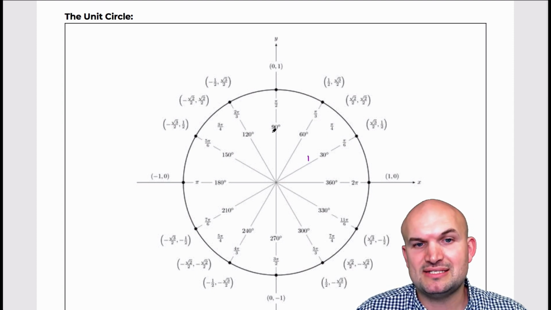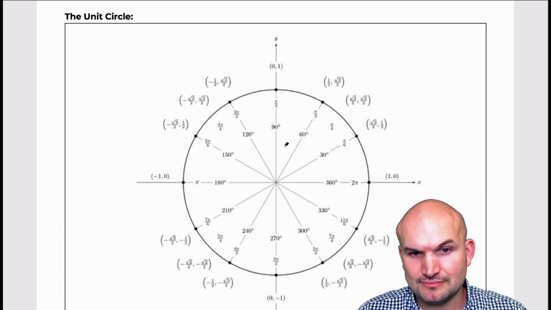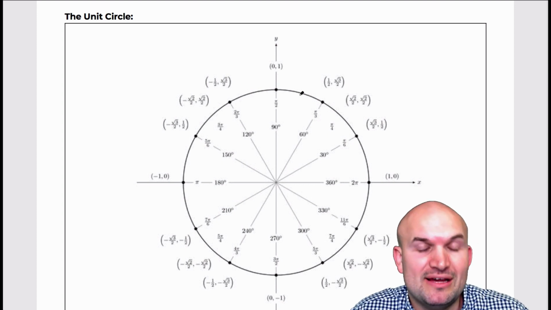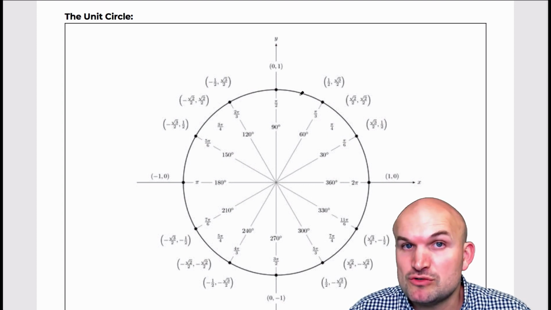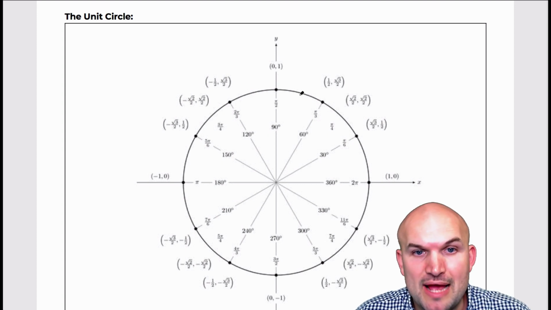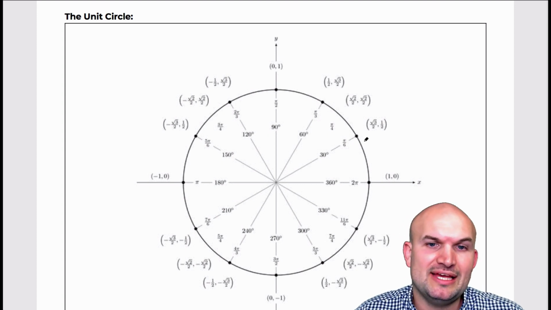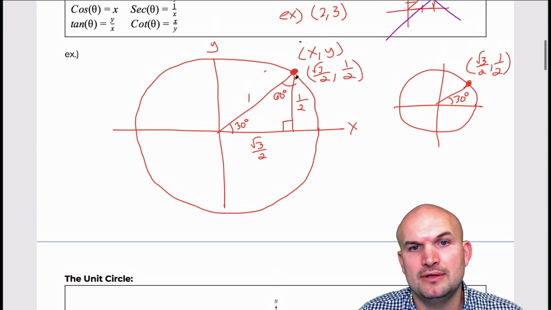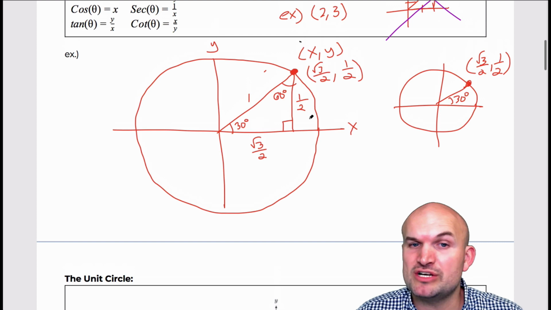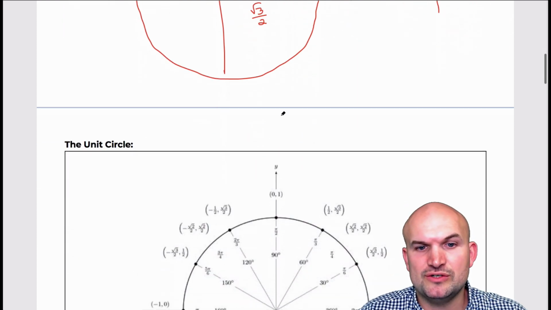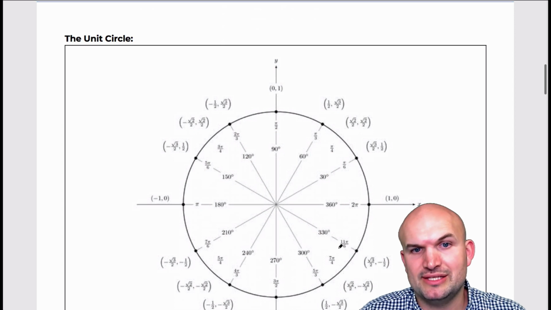And so what this has done is we have now created multiple triangles that all have a radius of 1 of our special right triangles, our 30, 60, 90, and our 45, 45, 90 triangle. And what that has allowed us to do is write down all the points that would lie on the unit circle. So if we were to take all the special right triangles and write them in this graph, that would create this unit circle.